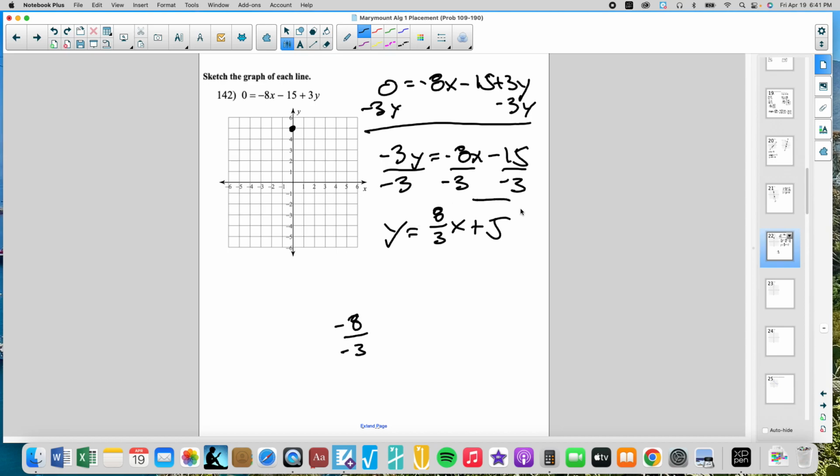I would never leave it like negative and negative, but I can think of it. So that means down 8, 1, 2, 3, 4, 5, 6, 7, 8, and then left 3, 1, 2, 3. That's a nice creative way of being able to sketch a slope that went off of the grid.